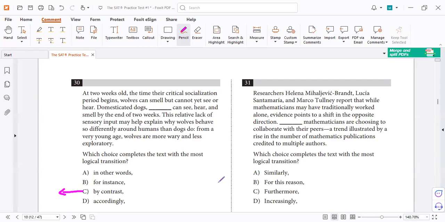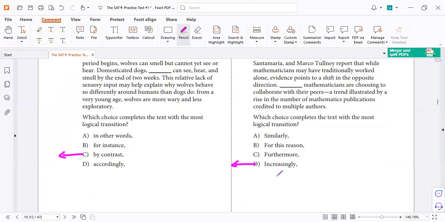Come on, what is next? D. 31 D, it is yes. Okay. But we have a trap in this question. Wait. Increasingly, it's an adverb. It's an adverb to the verb.